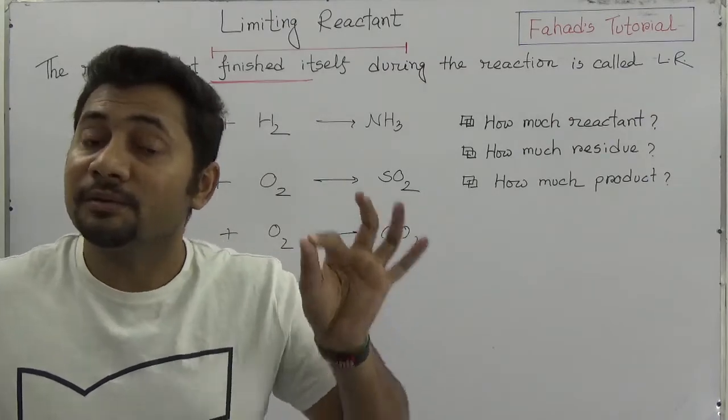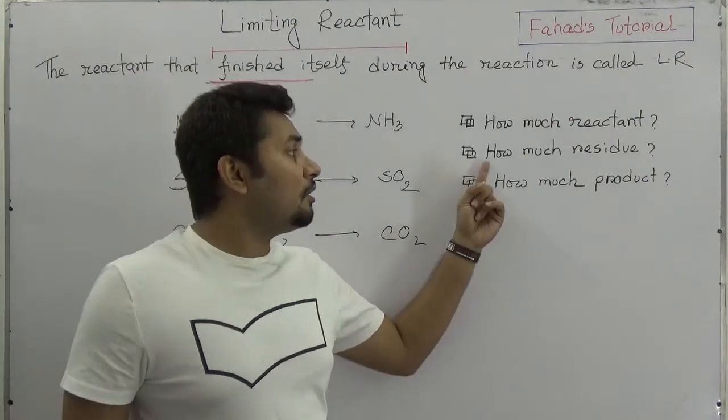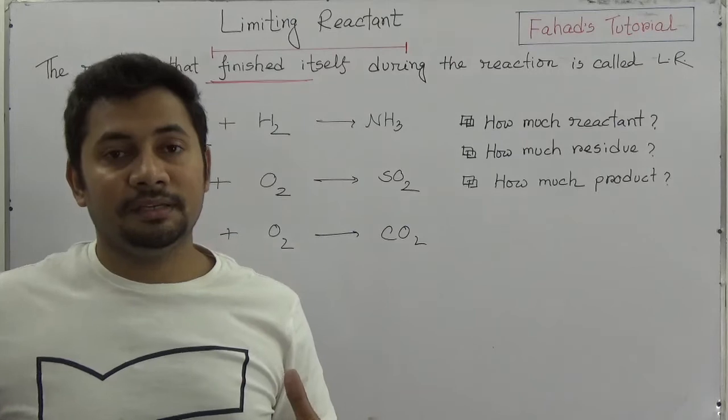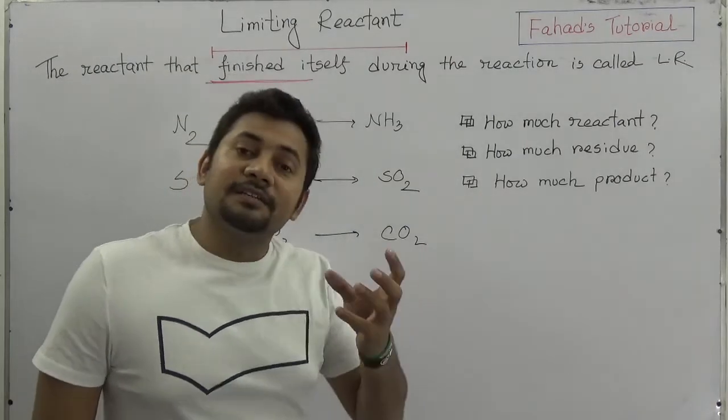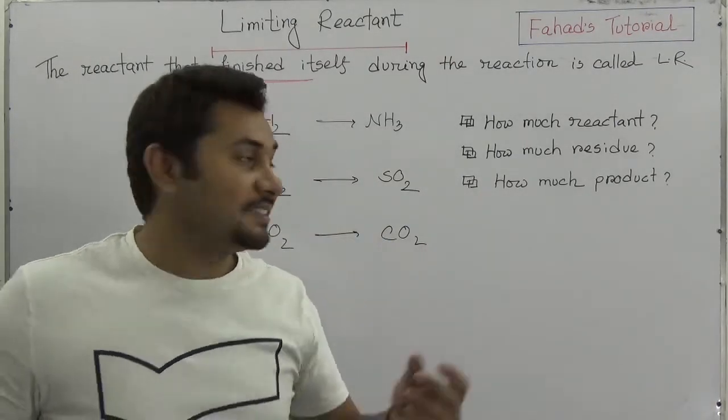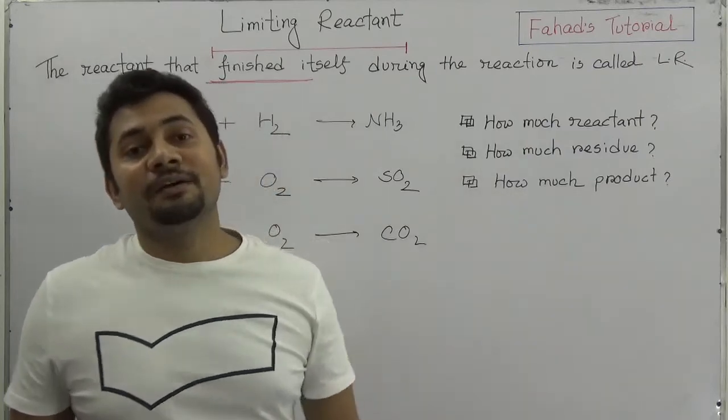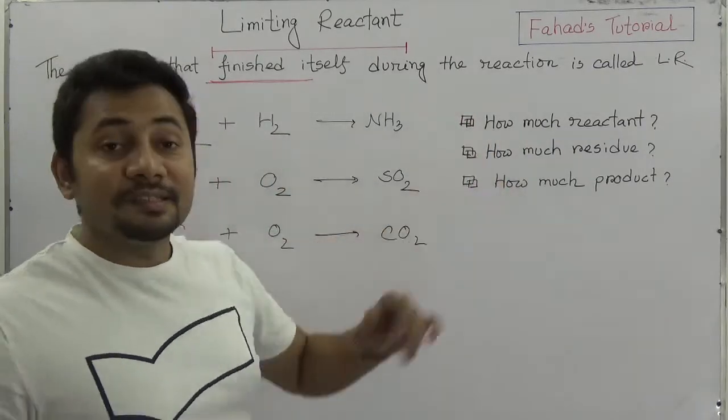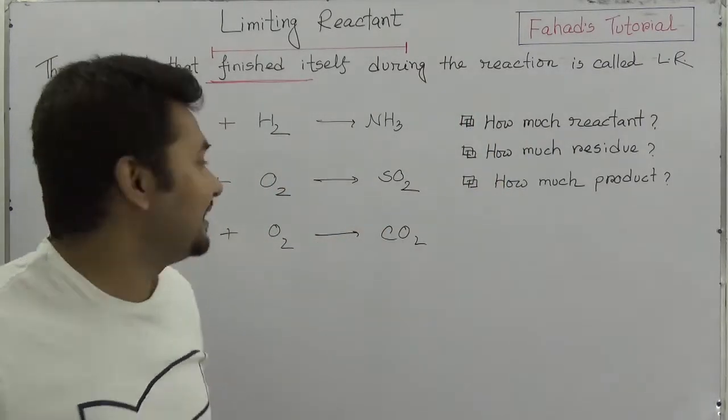It also tells us how much residue will be left. And of course, it also tells us how much product will be produced. Now let's see how these 3 things are measured.